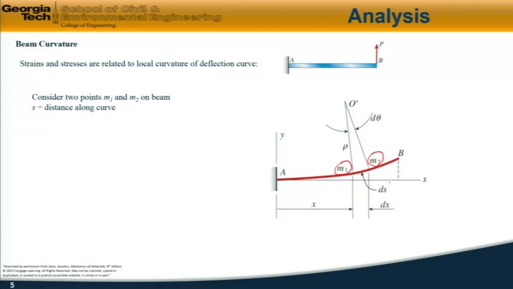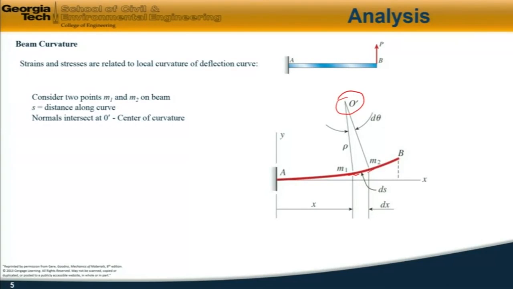So I will assume that s is the distance measured along the beam, or along the curve, from M1 to M2. And the normals to the tangents at these two points intersect at this point, which I'll call O prime.